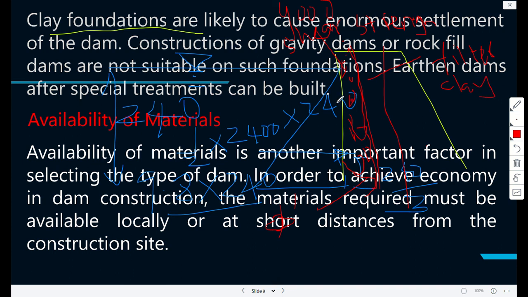So even though water will try to escape through this high permeability material, which has good shear strength and can resist the pressure of the water, we need to stop it, because clay has low permeability, and this is carefully designed to make sure there is not so much seepage or water passing through.